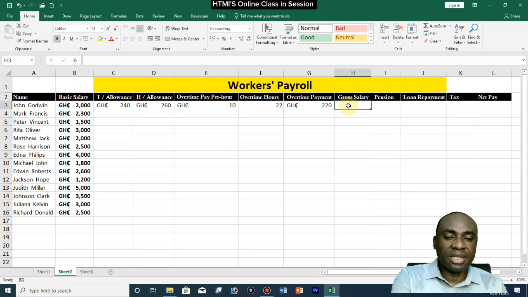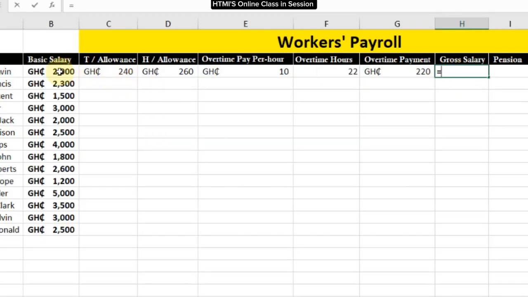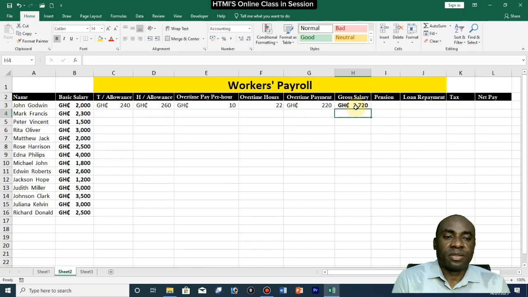So to do that, again, equal to basic salary plus transport allowance plus housing allowance plus total overtime payment, then enter. So the gross salary for the first worker is 2,720 cedis.